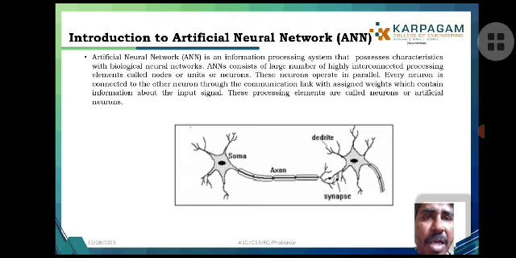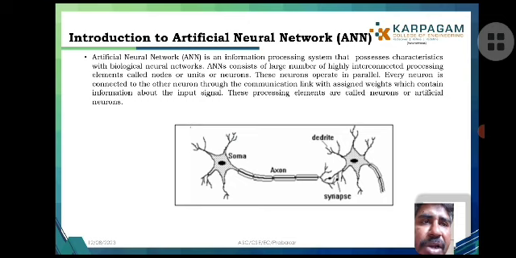Now the introduction to artificial neural network as a part of soft computing. These artificial neural networks play a vital role in soft computing. An artificial neural network is an information processing system that possesses characteristics of biological neural networks.